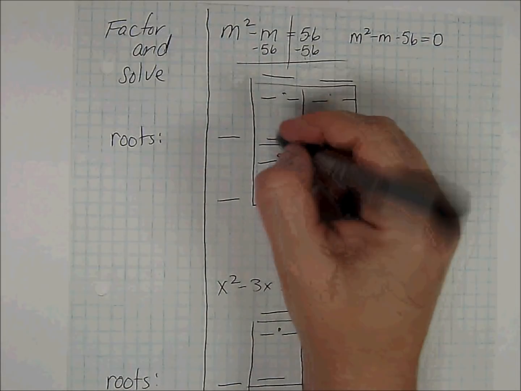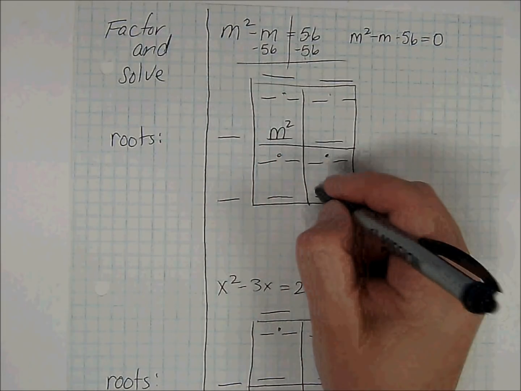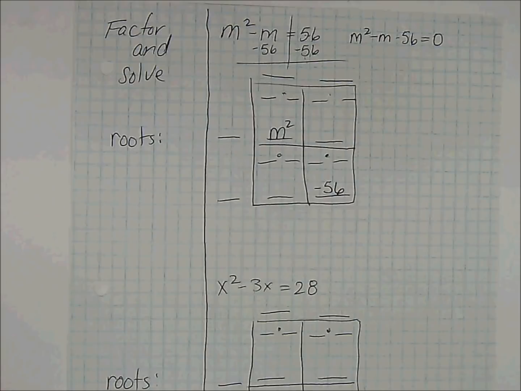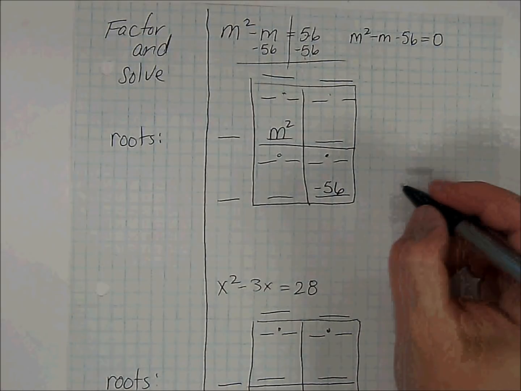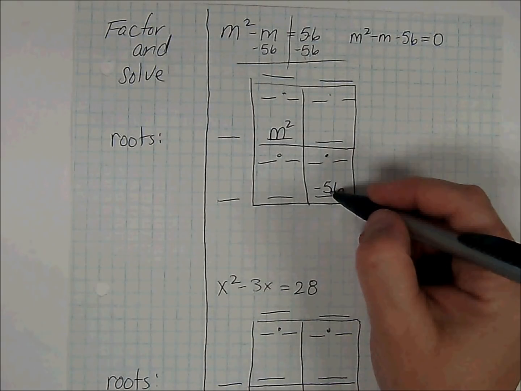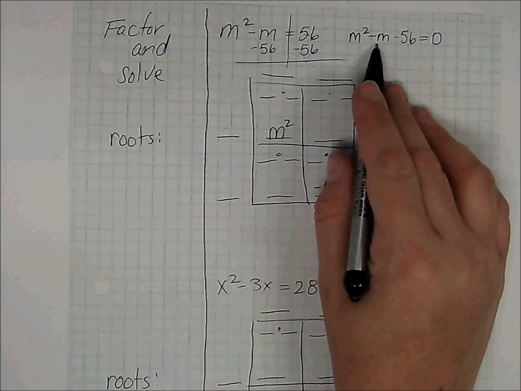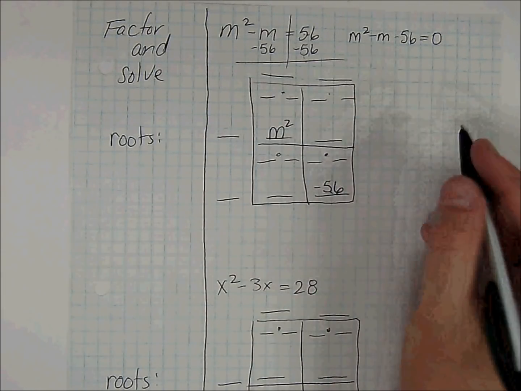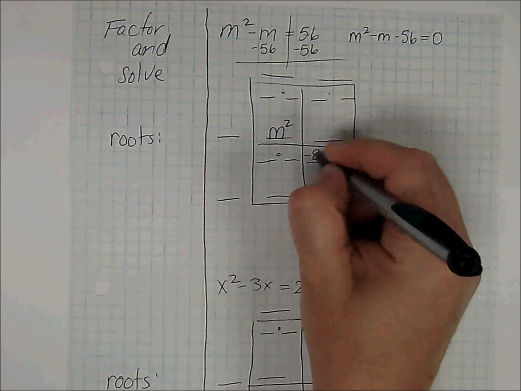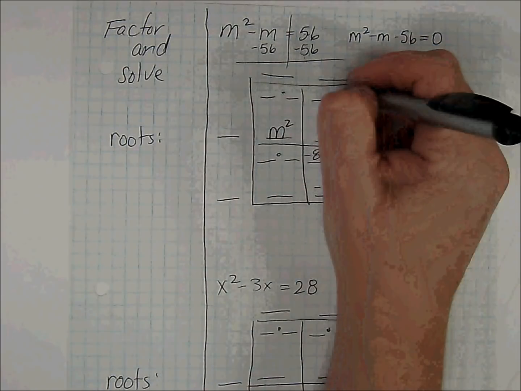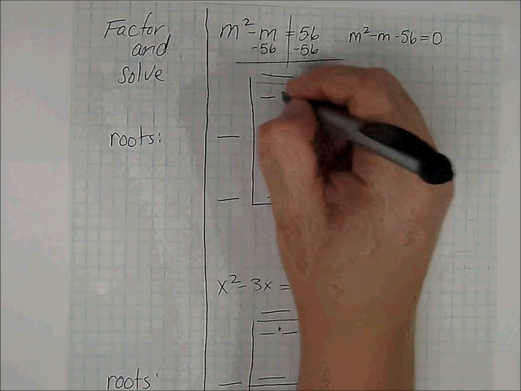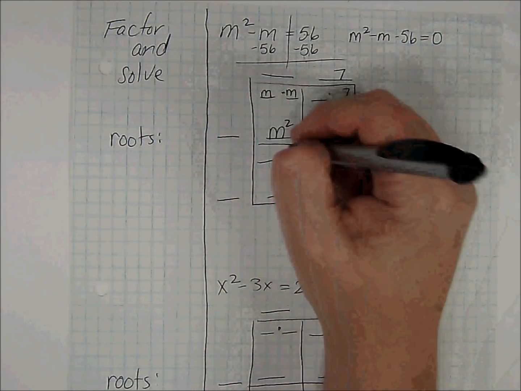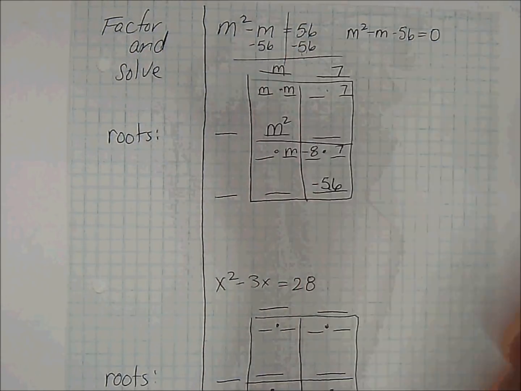Now I put it in here, negative 56, and I need something that multiplies together and gives me negative 56, and when it adds together, it gets negative 1. Let's try negative 8 and positive 7. So m squared is m and m. And you should be getting used to this by now.